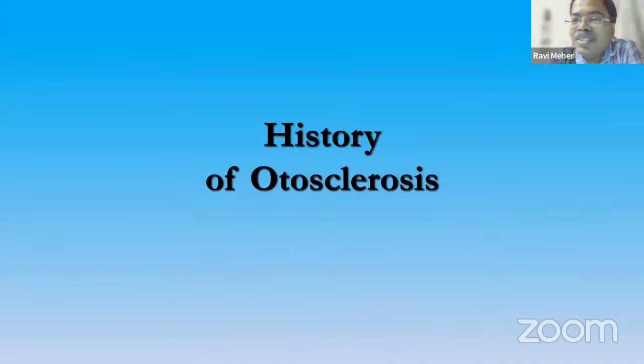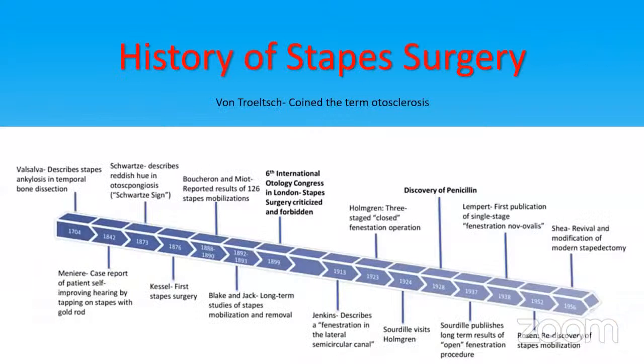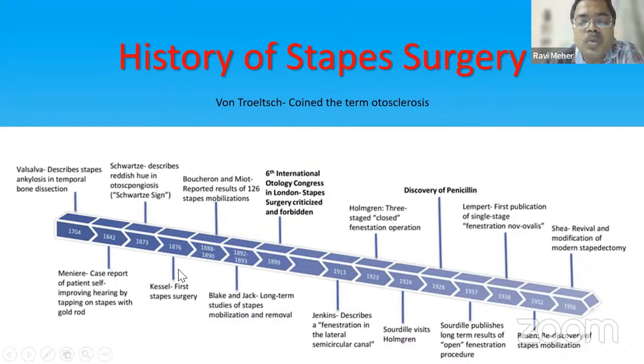The history of otosclerosis is very interesting, and I will advise all the residents to definitely read the history. It's beautifully given in OCNA. The term otosclerosis was actually coined by von Troeltsch, and Valsalva described the first case of stapes ankylosis in temporal bone dissection. Later on, Kessel was the first person to do stapes surgery by mobilization.